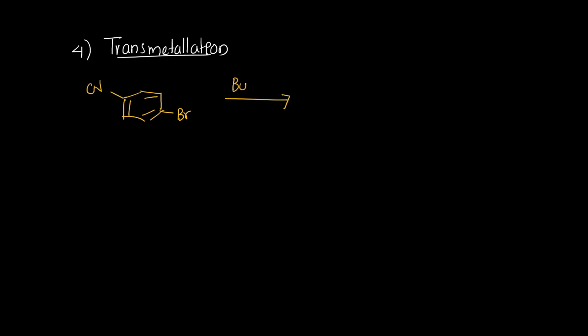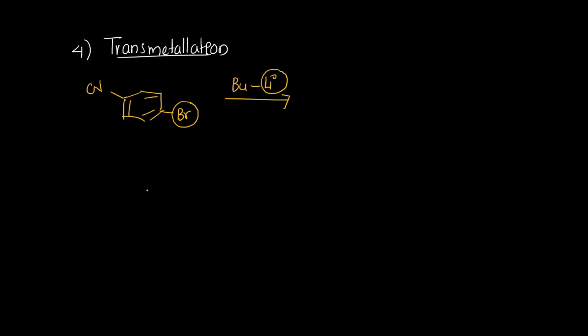The fourth method for preparing the organometallic reagent is the transmetallation. I am taking here a bromobenzene and I am treating this with butyl lithium. So you have a halogen here and you have a metal here.